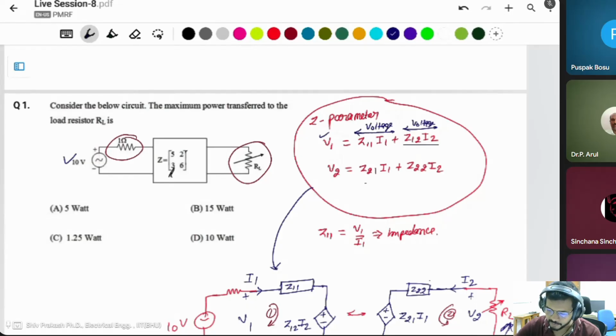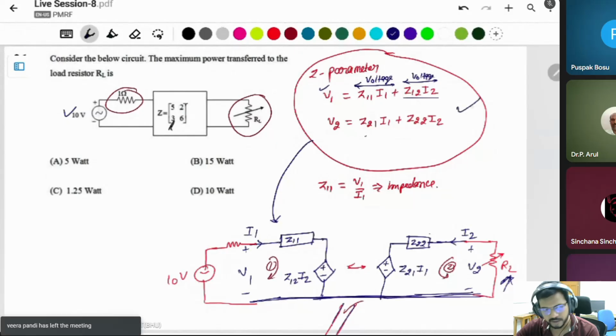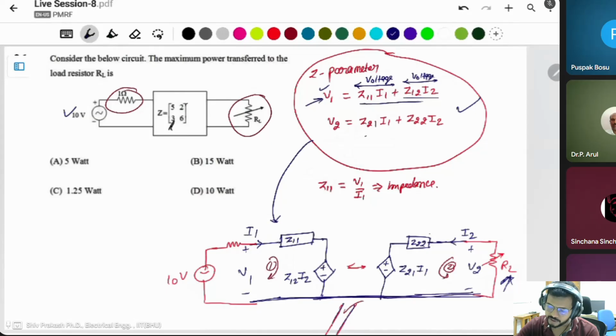Okay, we have to simply make a circuit according to the given equations in the parameter. If this is the voltage equation, it means all of these are voltages. If suppose this is the current equation, I2 and something is there, it means all the components are currents, not voltages in that case.